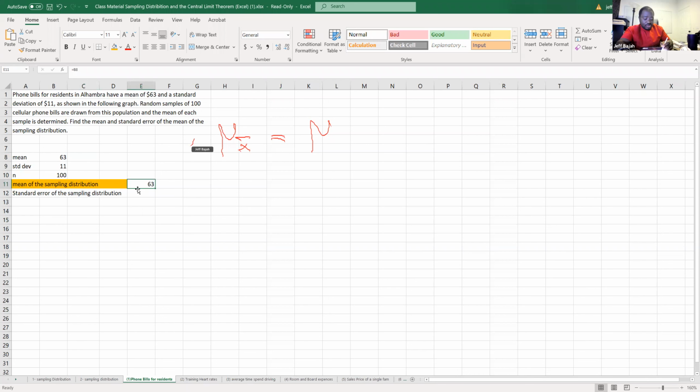That was the first rule I gave you on the sampling distribution and on the CLT. The mean of the sampling distribution is always equal to the population mean, and the population mean is 63, so the mean of the sampling distribution is 63.